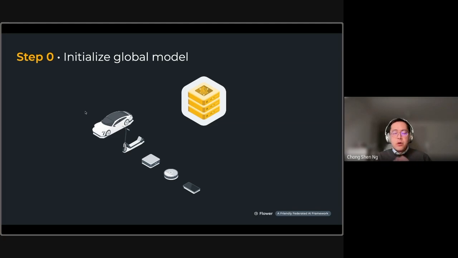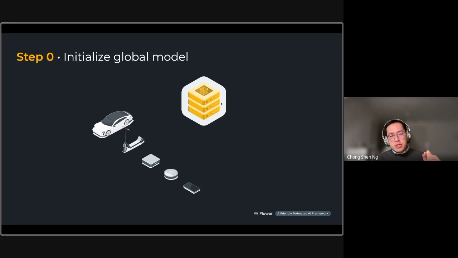Step 0 of federated learning is to initialize a global model. Let's take this scenario. Say you have a couple of devices generating data. It doesn't have to be devices; it can be organizations as well, for example a hospital or a financial institution, that store some sort of siloed data.